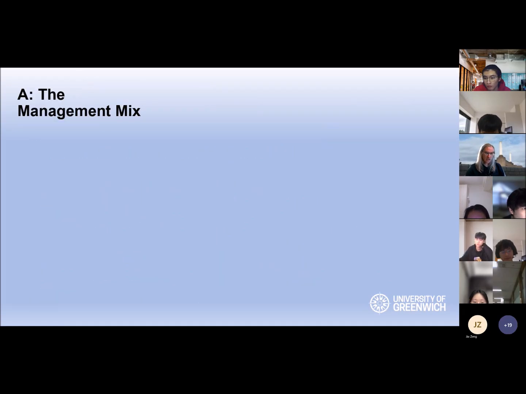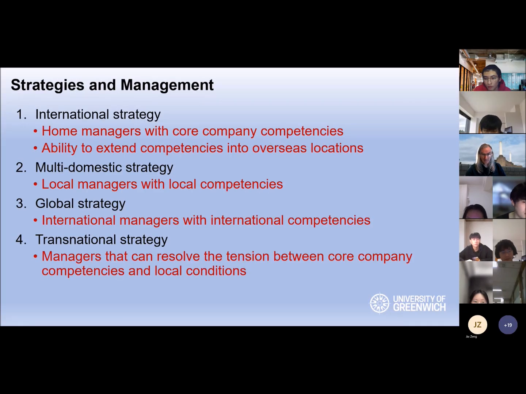Right, so I said HR is closely connected with organizing the managerial mix. I mentioned those 4 strategies: the international strategy, where the home structure is dominant. There are extensions overseas, but they're very much the mirror image.